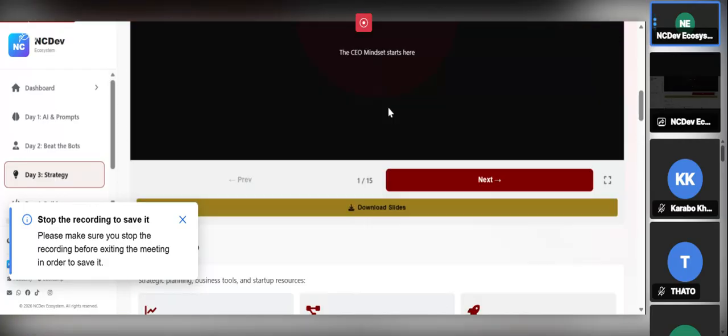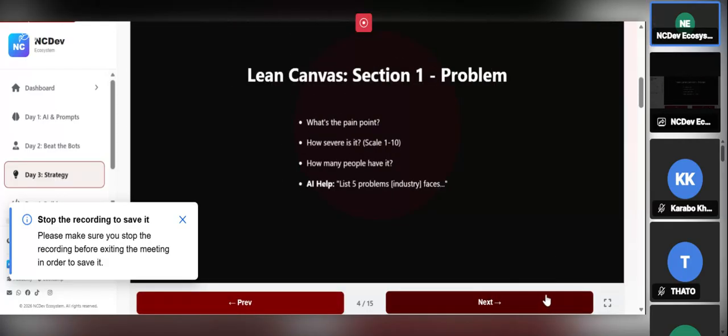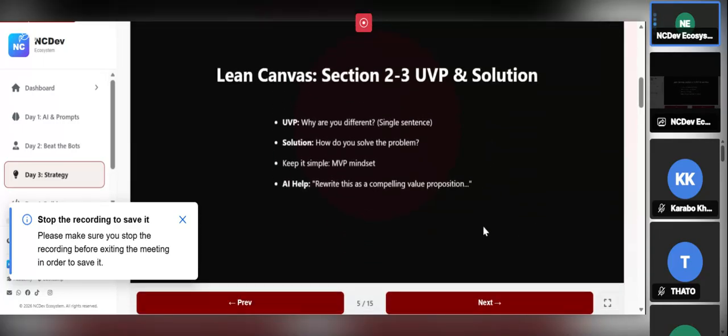Moving on to our unique value proposition, right? So our unique value proposition and our solution. Unique value proposition is why are you different, right? So you are saying you are a bakery, but there's another bakery in town.